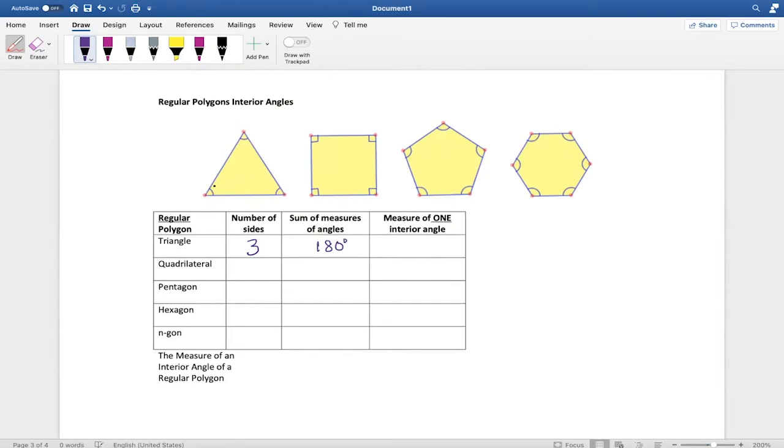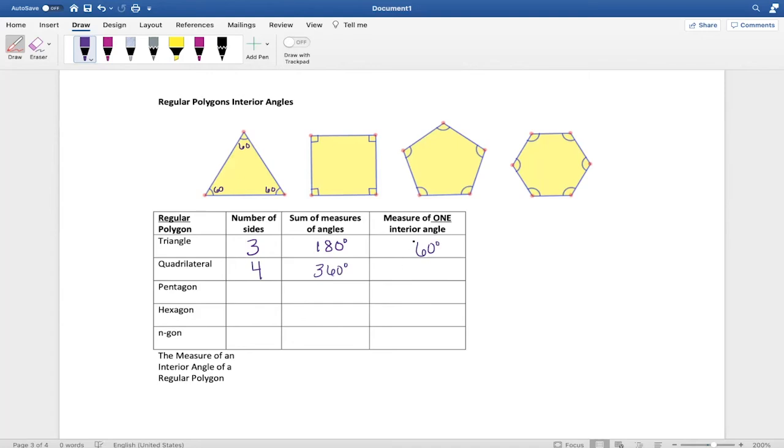And if that's the case, 180 divided by 3, we know each angle has to be 60 degrees. Okay, for a quadrilateral, 4 sides. And we know it's 90, 90, 90, 90. That's a total of 360 degrees.